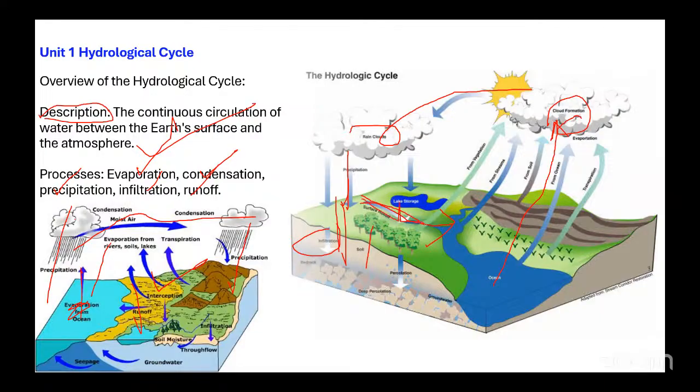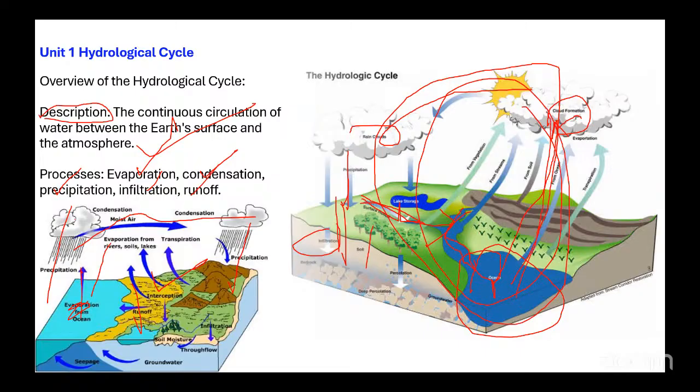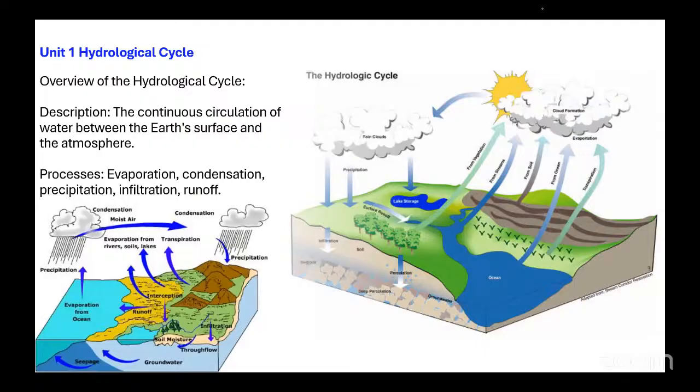This runoff water forms small streams and then the major river system. Again, this major river system will travel some time and go to the oceans again. So this is like a cycle, the hydrogeological cycle. So evaporation, condensation, precipitation, infiltration, runoff, all five processes will be there in the hydrogeological cycle.